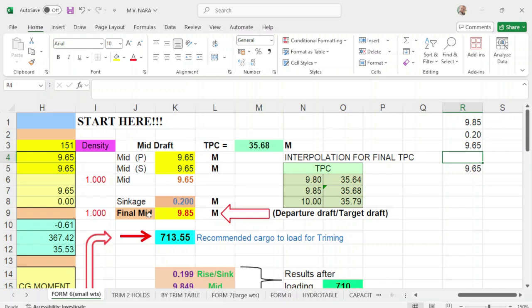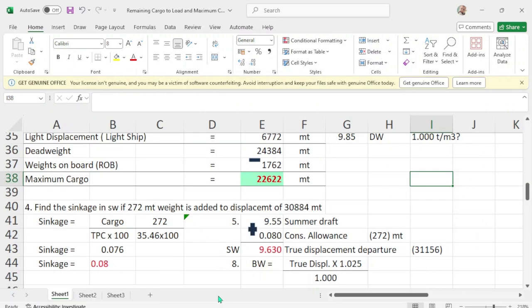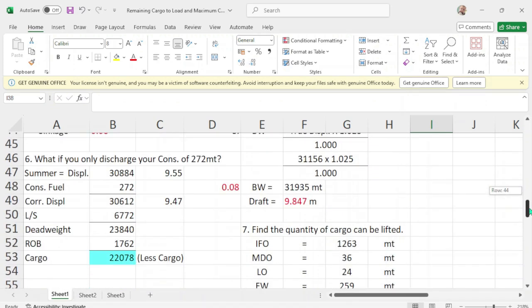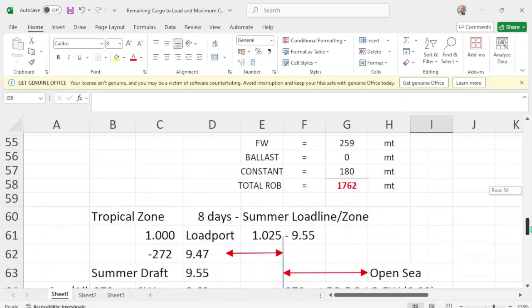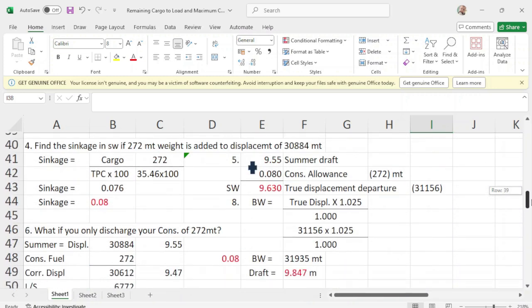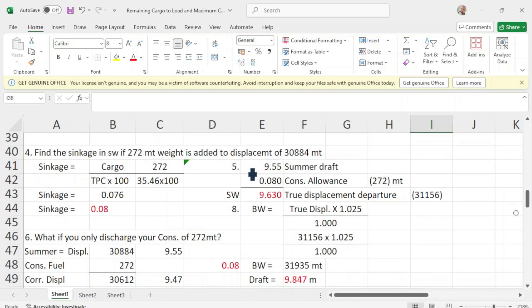What is the remaining cargo now? Okay, remaining cargo.